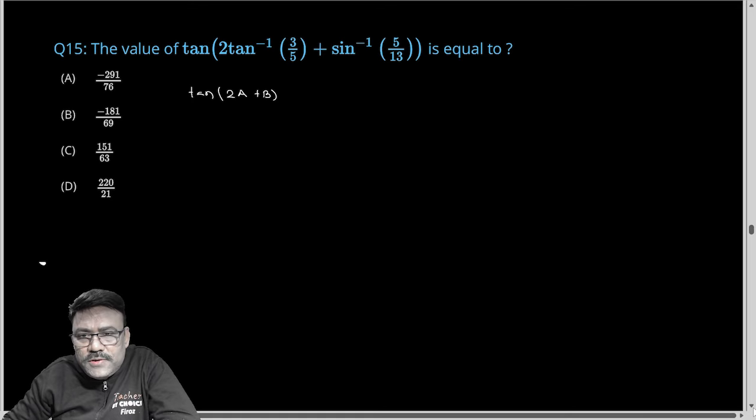Here a is tan inverse 3 by 5, meaning tan a is 3 by 5, and b is sine inverse 5 by 13, meaning sine b is 5 by 13.